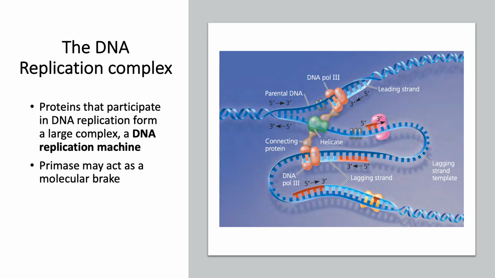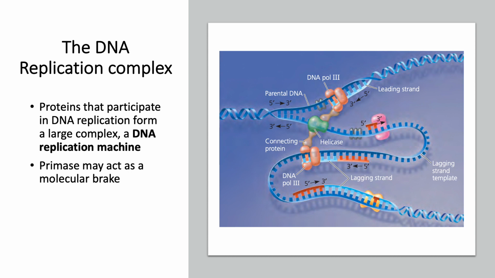The proteins that participate in DNA replication form a large complex, a DNA replication machine. The DNA replication machine may be stationary during the replication process. Also, recent studies support a model in which DNA polymerase molecules reel in parental DNA and extrude newly made daughter DNA molecules.